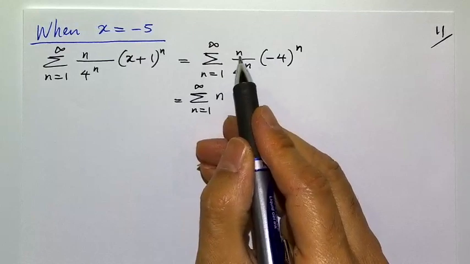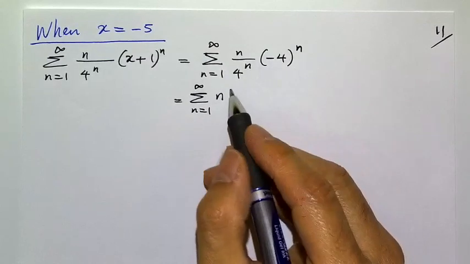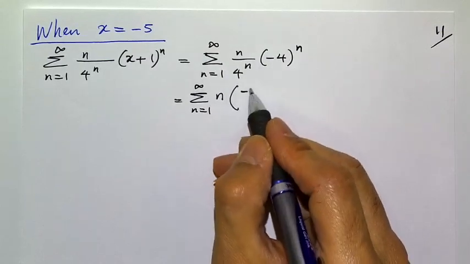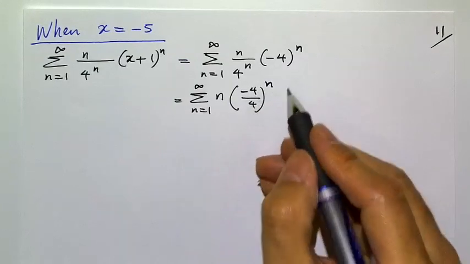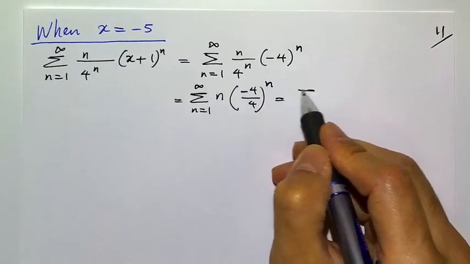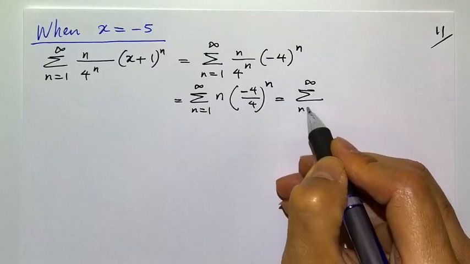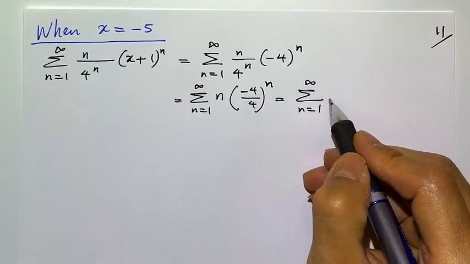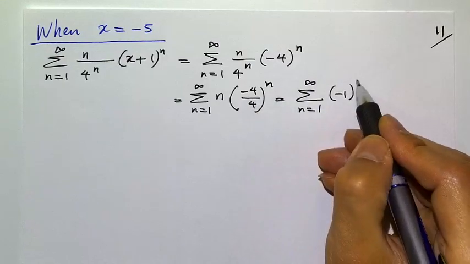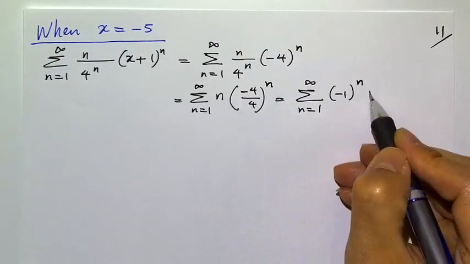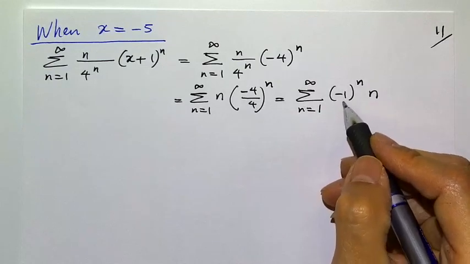Let's separate this n from the rest of this, so we can then say negative 4 over 4 to the n power, and this is equal to minus 1 to the n power times n, right?